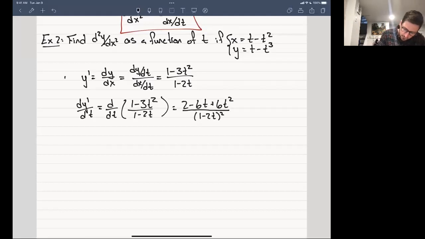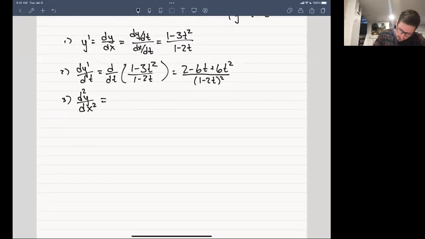So if you think of this as step 1, step 2, step 3 gives me the second derivative of y with respect to x. In this case, it's given by the derivative of y prime with respect to t divided by, again, the derivative of x with respect to t. And so this gives me just the quotient from above.